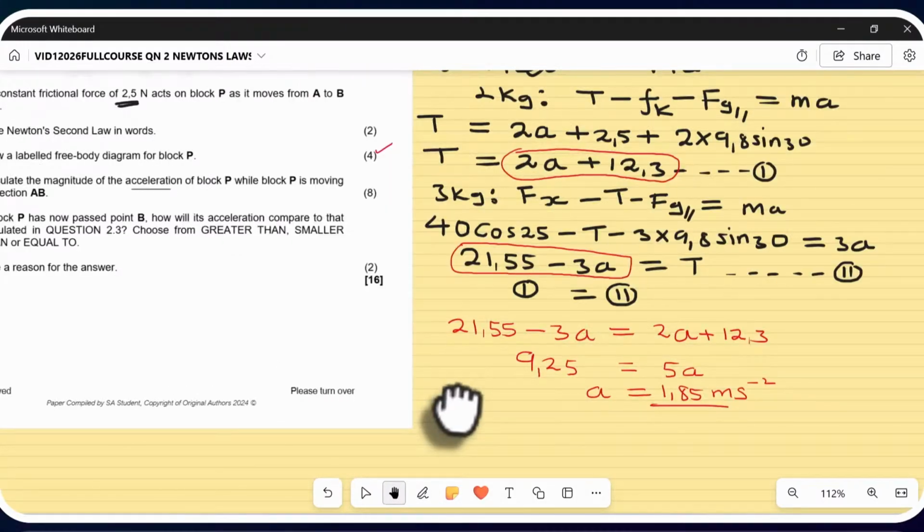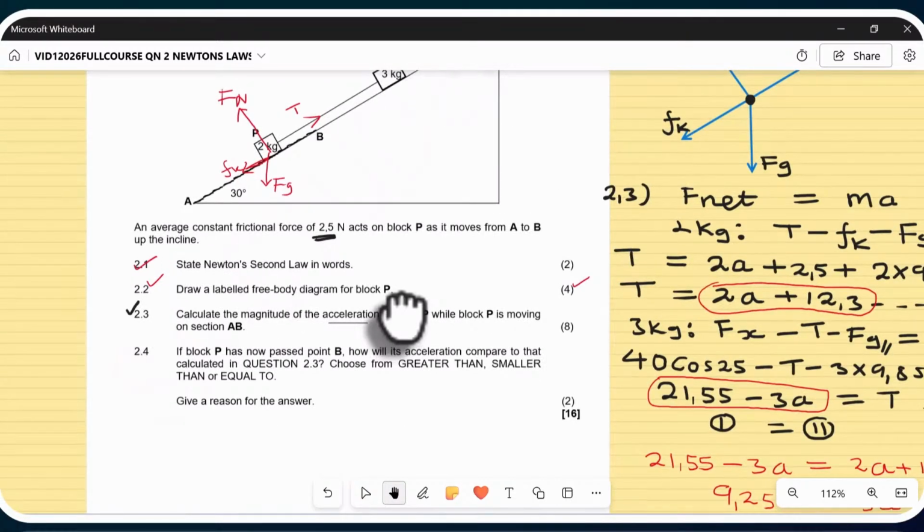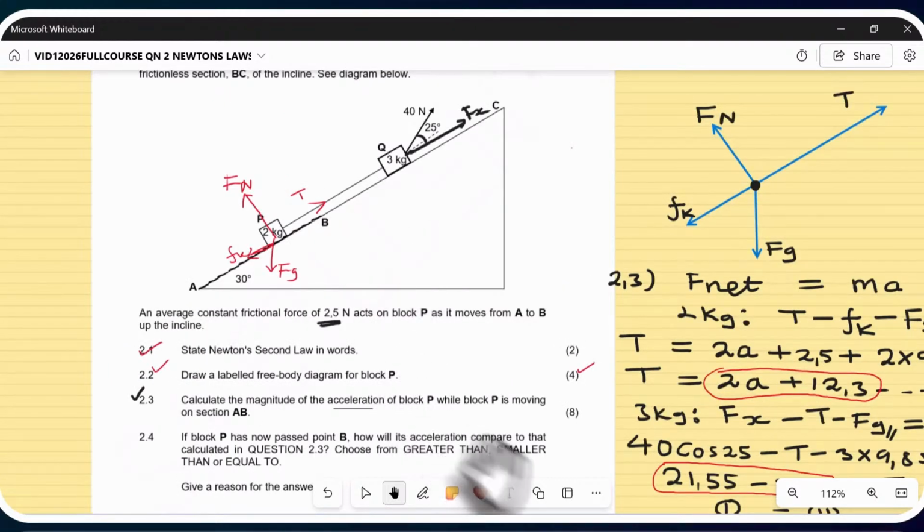Now, when we pass block P, there's no more friction, so the pulling force, which is Fx, is only opposed by the Fg parallel. The net force now increases up the slope, and from Newton's second law, the acceleration increases. Why? Because acceleration is directly proportional to the net force. So we say it's going to be greater than.